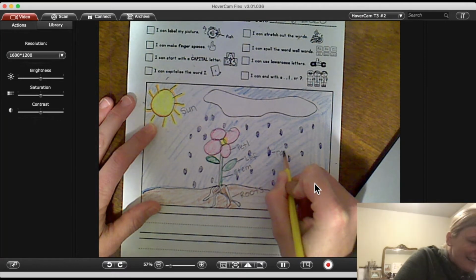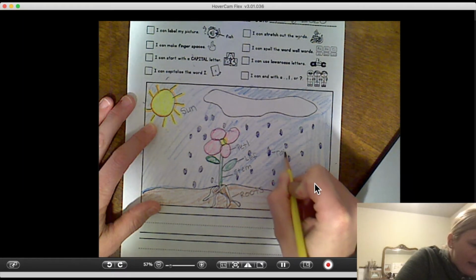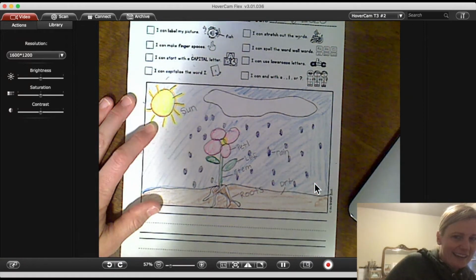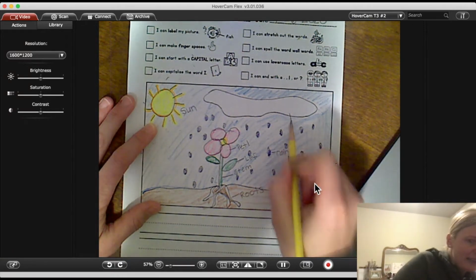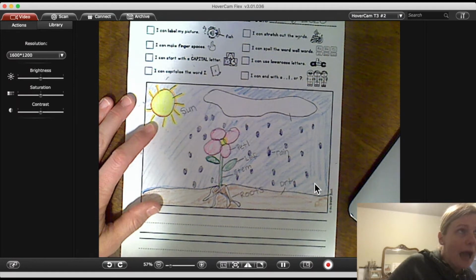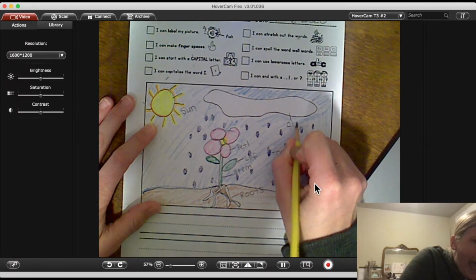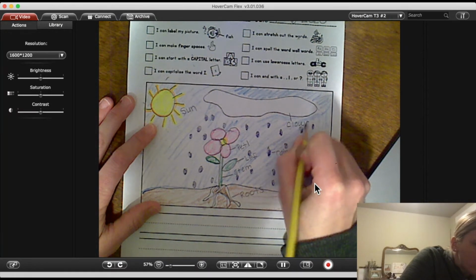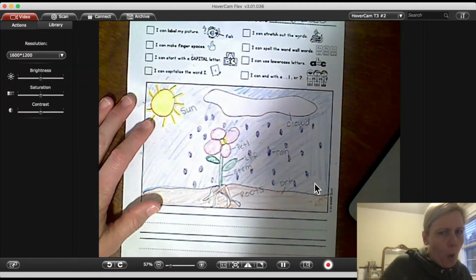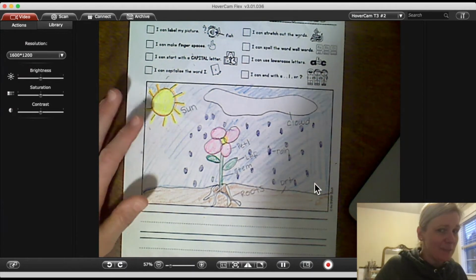Rain. It's actually an I. R-A-I-N. And up here, friends, this is a cloud. Cloud. Again, I'm using my kid's spelling.